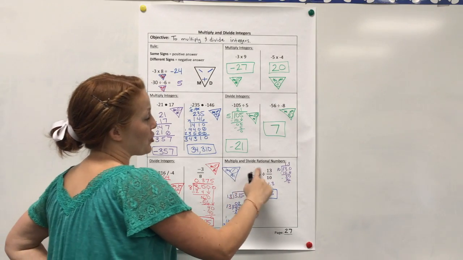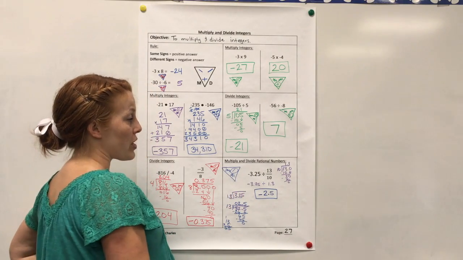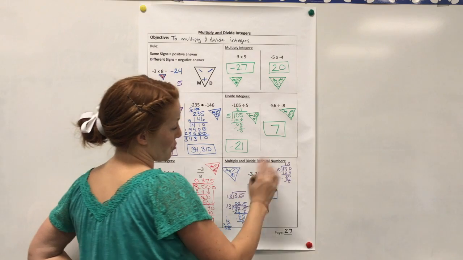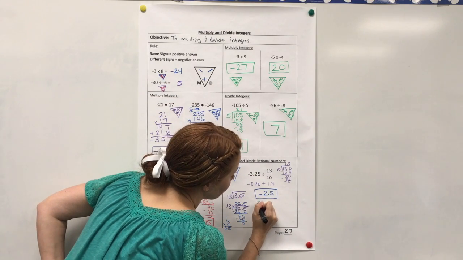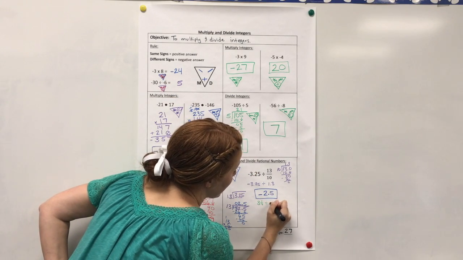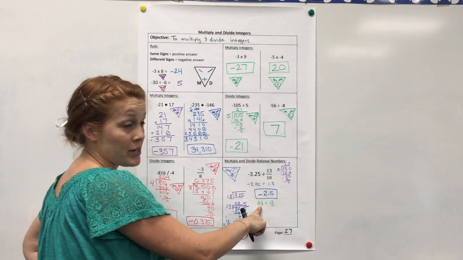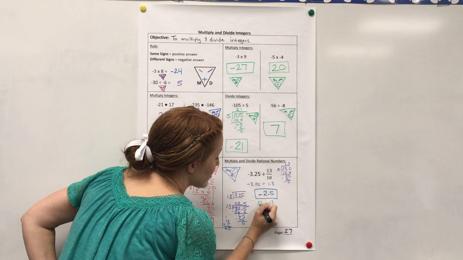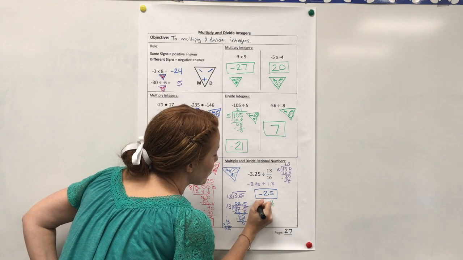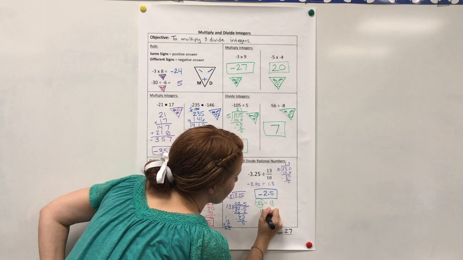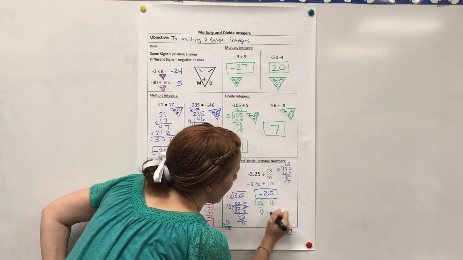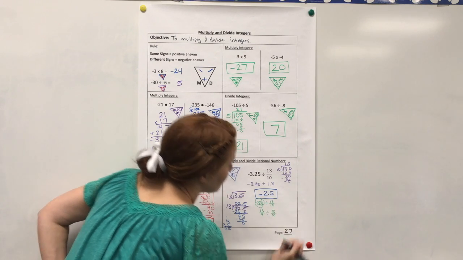Okay, so if I change this to a fraction, 3.25, well I know that's 3 1/4 divided by 13/10. And then I know I need a popcorn. So Texas popcorn, 4 times 3 is 12, 13/4. So 13/4 divided by 13/10.